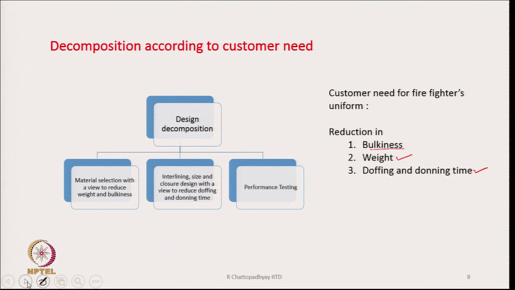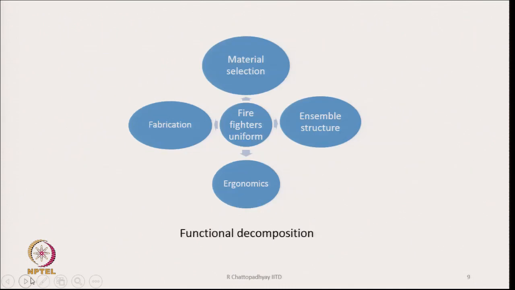From there, another aspect we are also showing is the functional decomposition of a firefighter's uniform. If we go, then material selection is one aspect, ensemble structure is another aspect, fabrication is another aspect, and ergonomics of the design is another aspect.